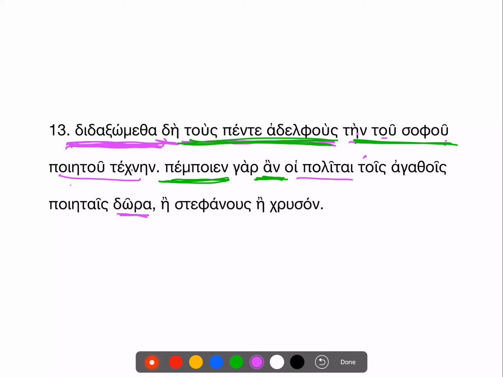And then we have this dative here. So for the citizens could be sending gifts to the good poets. And then in apposition to dora, which is accusative plural, we have these accusatives plural. So for the citizens could be sending gifts to the good poets, either crowns or gold.